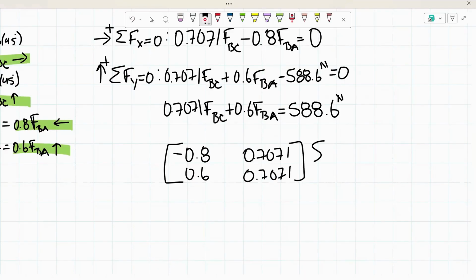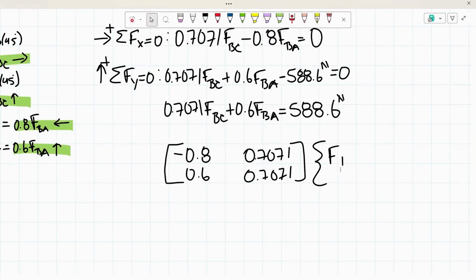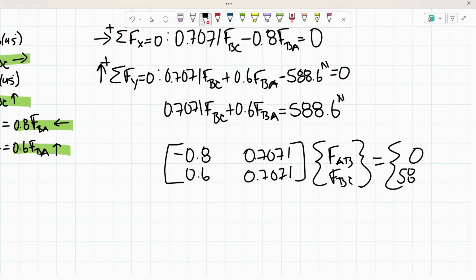And then we are trying to find F of A of B, and then we are trying to find F of B of C. And we know that this has to equal 0, and this has to equal 588.6.